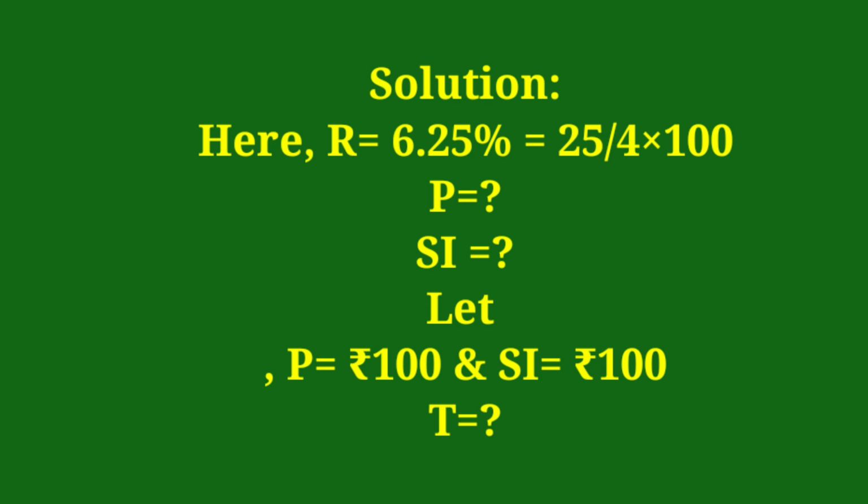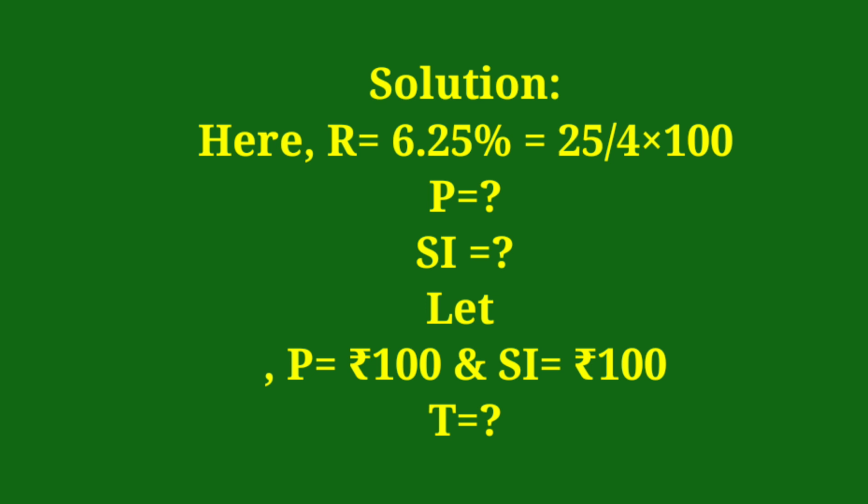Here what we do is that we always take principal as 100 rupees. So since it is becoming double, your SI will also be 100 rupees. Okay, because 100 rupees will become 200 rupees. So 200 minus 100 rupees, simple interest we are getting. Okay, so what will be the time?